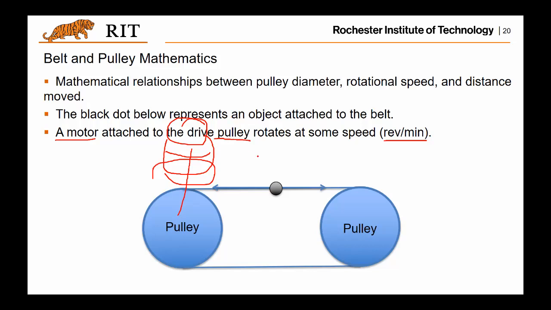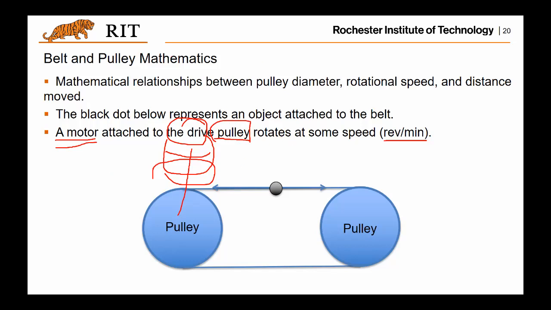And there could be some discussion here. In this case, we assume the pulley is directly connected with the motor. That means if the motor rotates 360 degrees, then the pulley will also revolve 360.